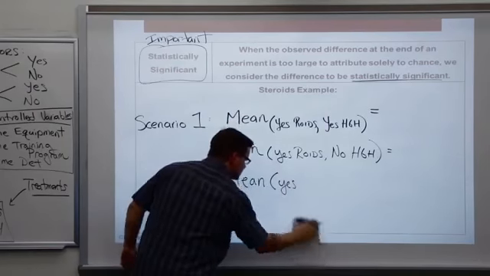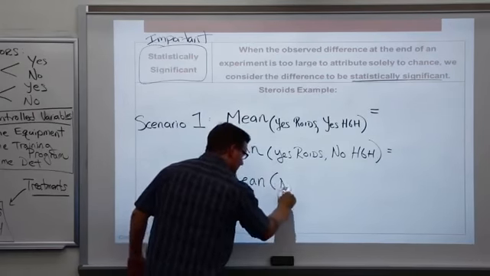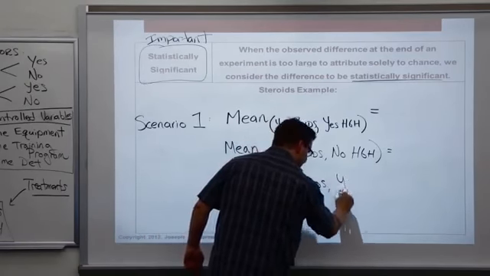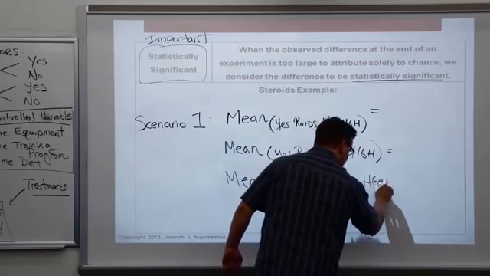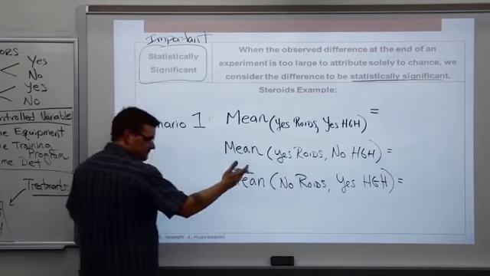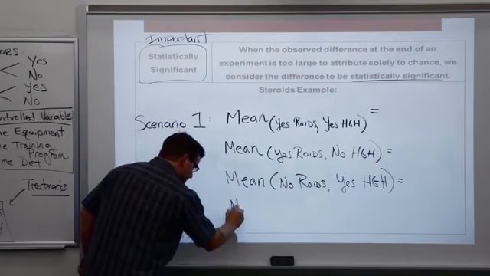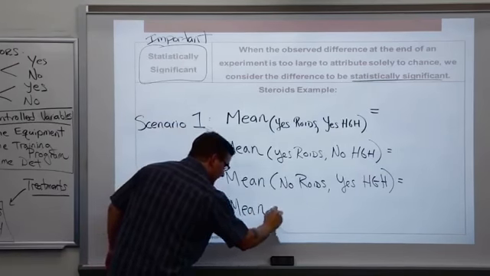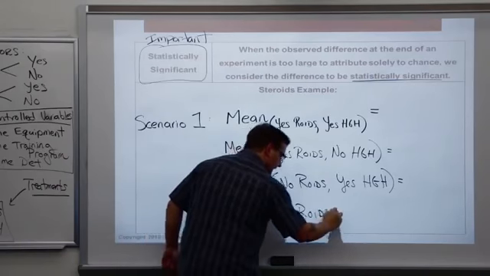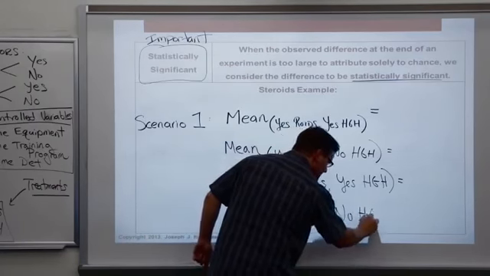Now we're on no roids, but yes, they did get HGH. Last but not least, the baseline. No and no. So we've got a mean here. There were no roids and no HGH.